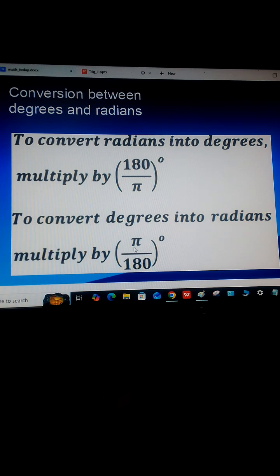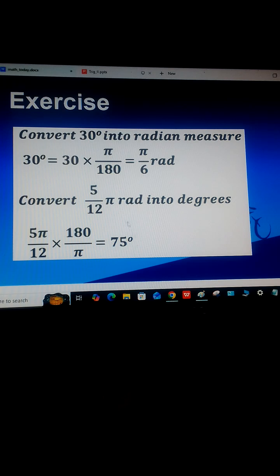All right? Let's look at an exercise. Convert 30 degrees into radian measure. So 30 degrees would be 30 times pi over 180. You get pi over 6 radians.